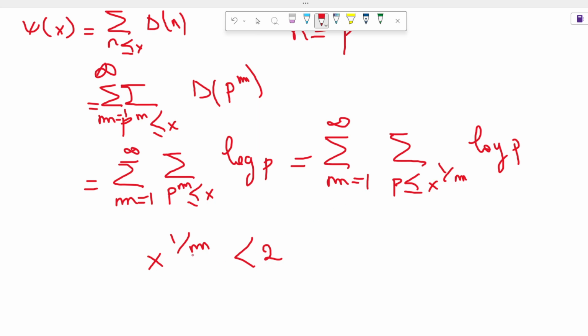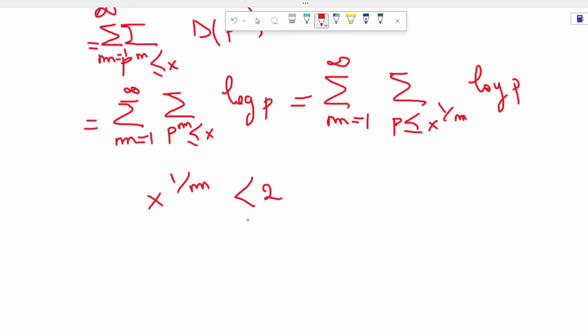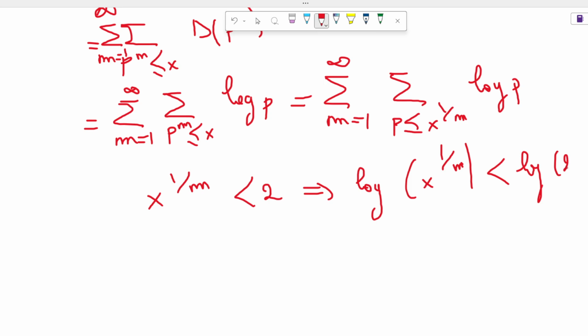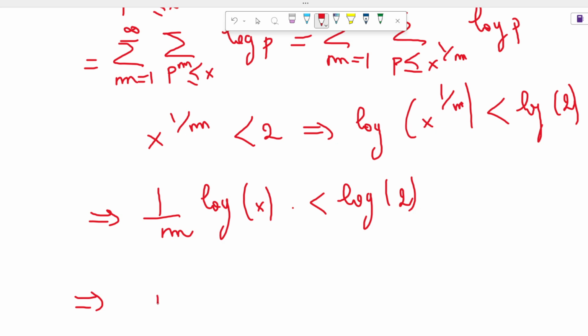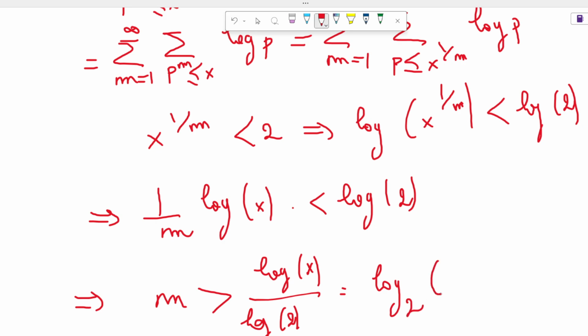And what does that mean if we introduce the logarithm to both sides? This implies that the log of x to the power 1 over m is less than log of 2. And this means that 1 over m log x is less than log of 2, which implies that m is strictly bigger than log x over log 2, which is the log base 2 of x if we use the change of base formula.